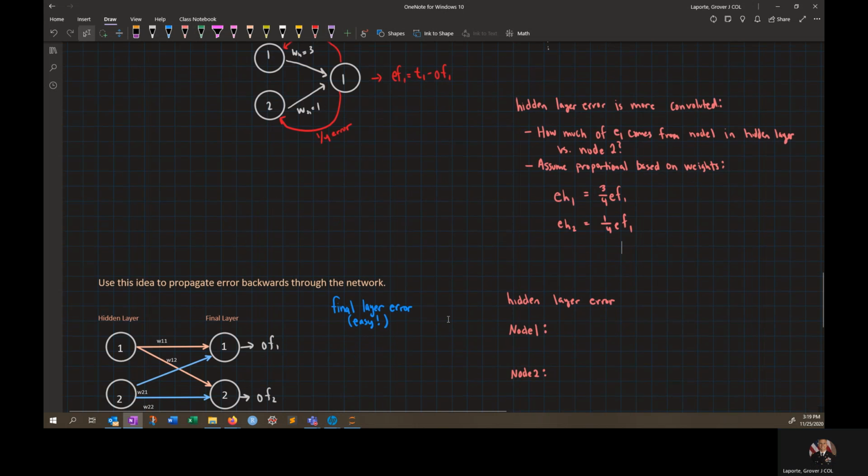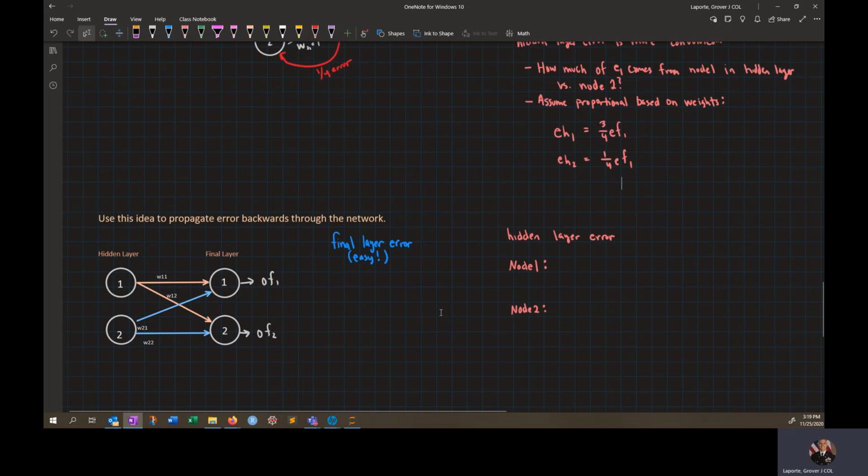If that's the case, then back propagation of error: what happens when I have two nodes? That's the next little piece here. Obviously, the final layer is easy, so we'll go ahead and calculate it. EF1 is simply equal to T1 minus OF1, and EF2 is equal to the target minus what comes out of the model.